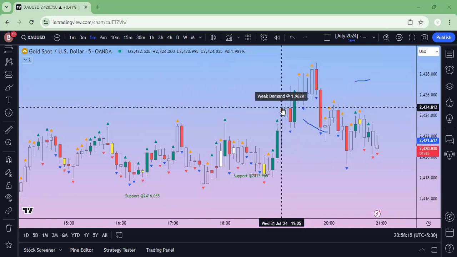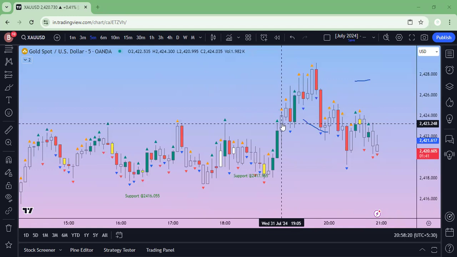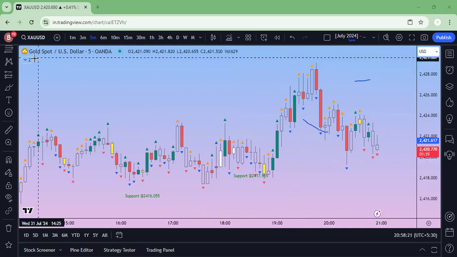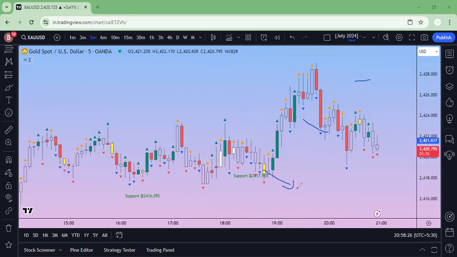This is a hollow candle. First, I explained what the yellow candle normally does, and second, I explained that a green candle with a green triangle or a red candle with a blue triangle means that what is about to come would be a downtrend, or prices are falling.